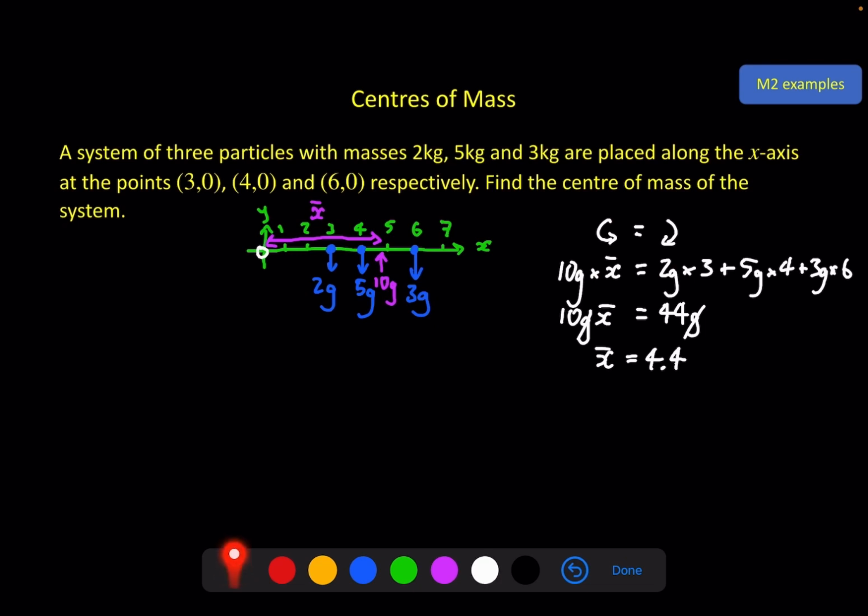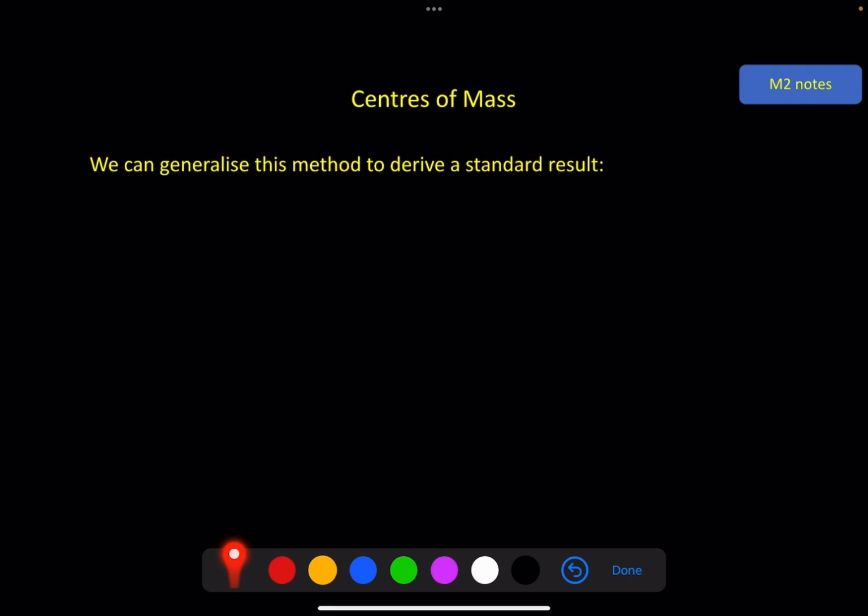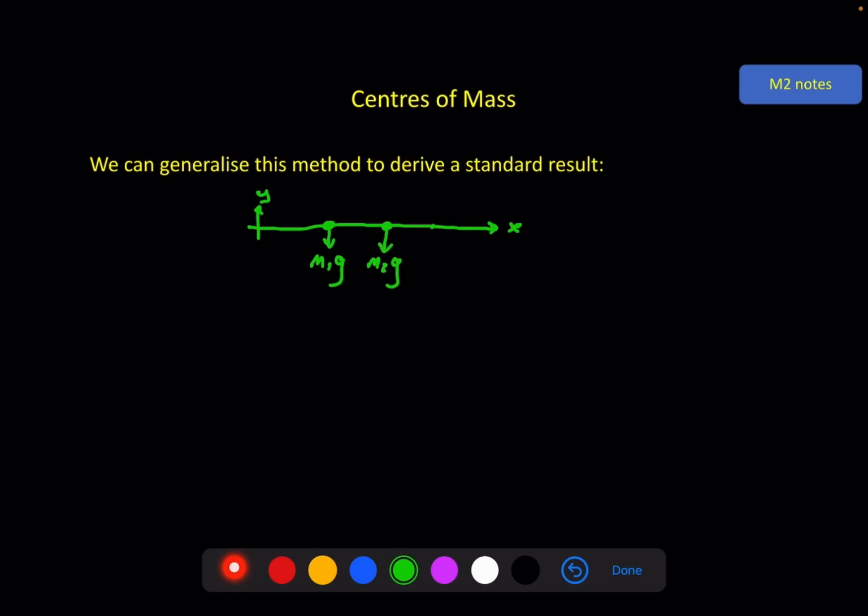So we can generalize this now to derive a standard result. If I bring up more or less the same thing, where we've got some particle here with a weight, some particle here with a different weight, some particle here with yet another weight, and of course they've all got distances, so this is at x1, x2, x3, and so on, and there may be many particles.